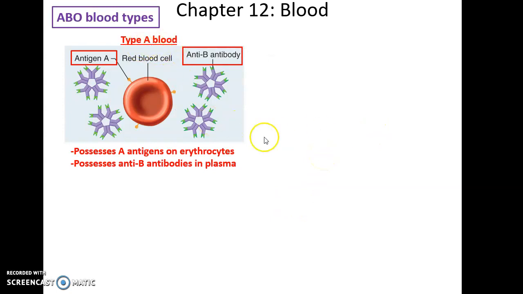So blood type A means you have antigen A on the surface of your red blood cells, and that is considered a normal self-antigen. You also have anti-B antibodies, antibodies against the B antigen, because it's not found on your blood cells, so it is not supposed to be in your body.